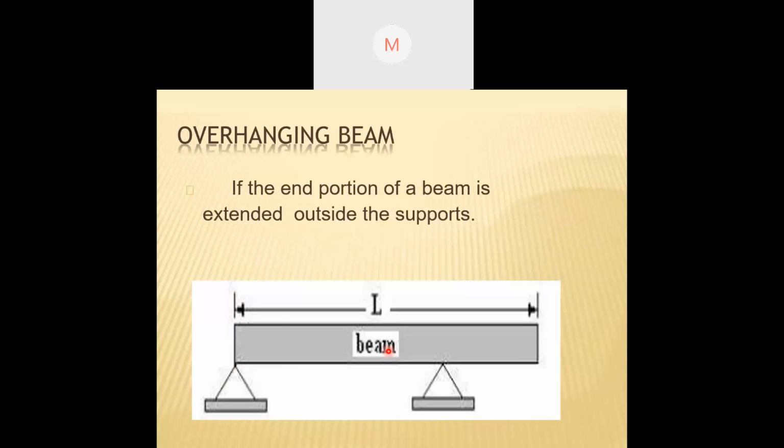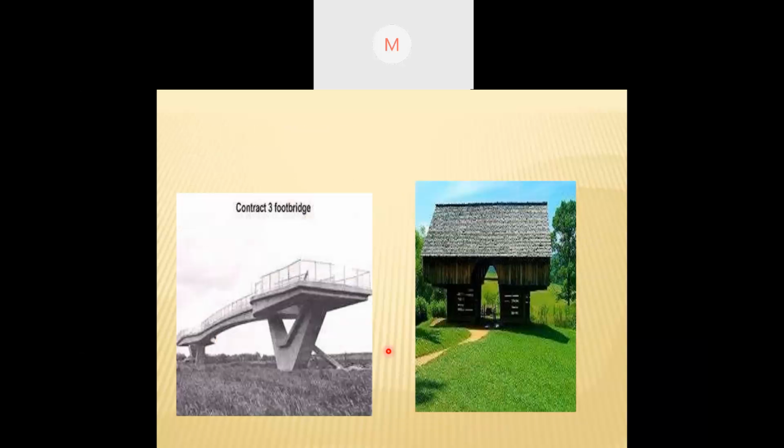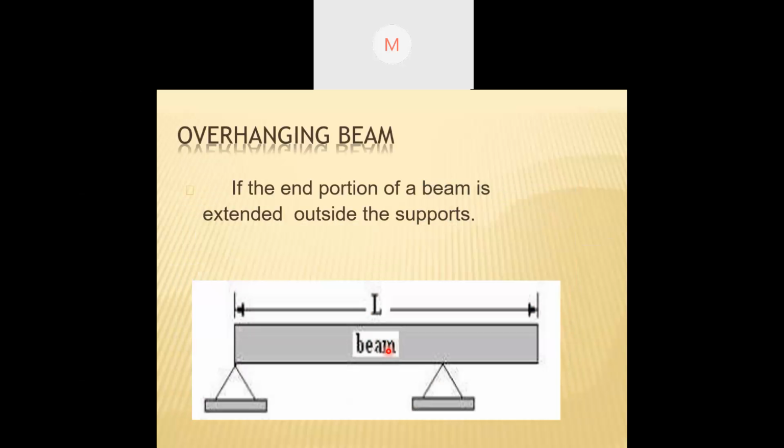Now, overhanging beam. What is actually an overhanging beam? Overhanging beam means suppose the beam is supported by two supports.